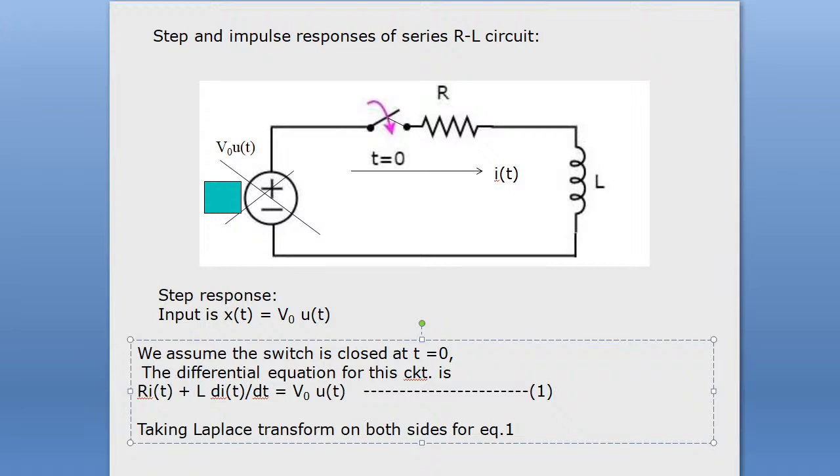For this circuit there are two components, resistance and inductance. Therefore the supply voltage V naught u of t is equal to the sum of the voltage drops across R, that is R I of t, plus the voltage drop across L, L di by dt. This is equation 1. Now you take the Laplace transform of equation 1.